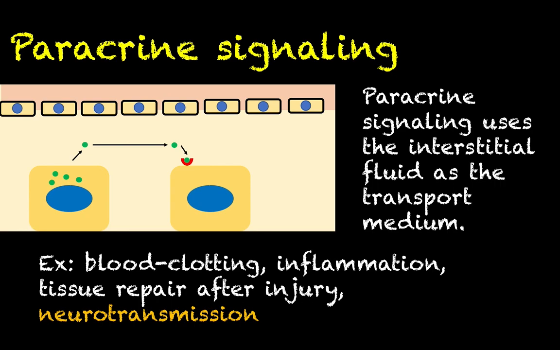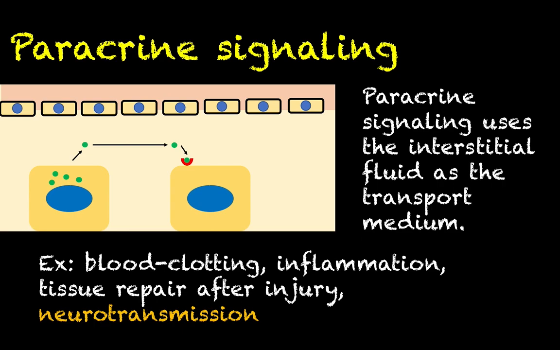But the basic idea here is that the only way using the interstitial fluid as your transport medium would work is if it's local communication. The interstitial fluid does not have a flow to it like the bloodstream does. You can't deposit a ligand into the interstitial fluid and then count on that ligand to be carried far and wide. There's no flow there, okay?